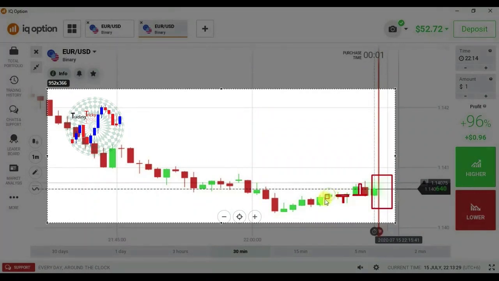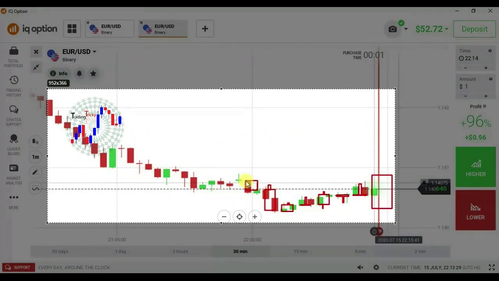So closing and opening, this is a bullish candle with some wicks at tops and bottoms, and this closing and opening means this is also kind of doji, and closing, opening, this is a green candle, closing, opening, strong sellers candle.